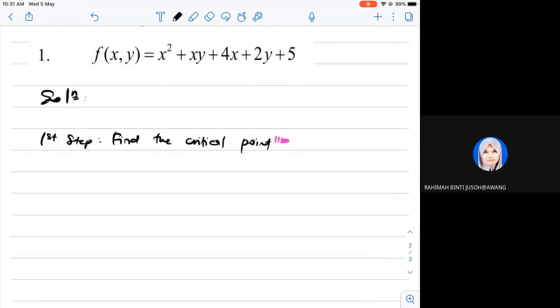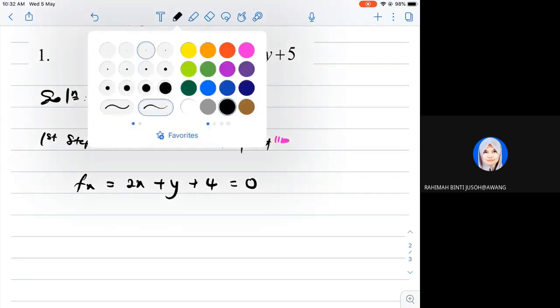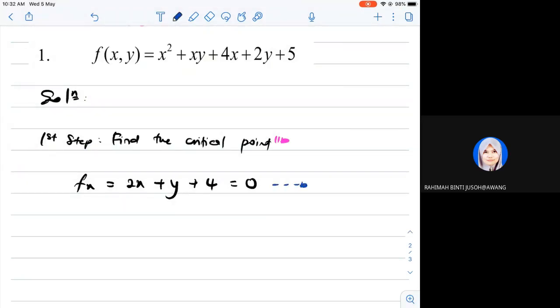So we differentiate our f(x,y) with respect to x. We get 2x plus, differentiating the second term we get y, and then plus 4 equals 0, because 2y and plus 5 are just constants. So this is our first equation.